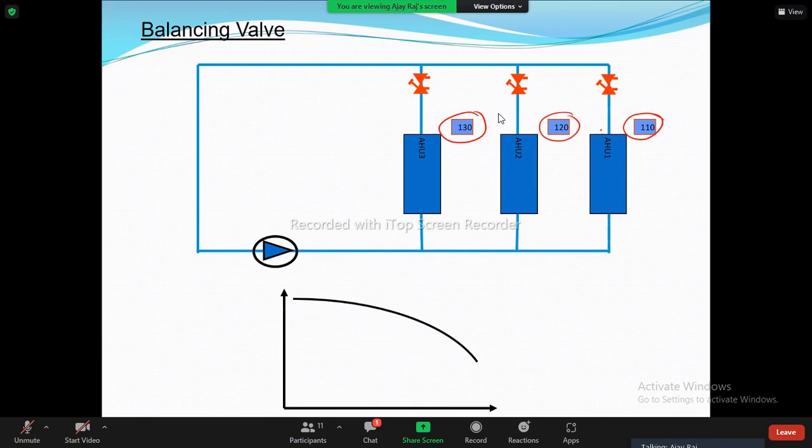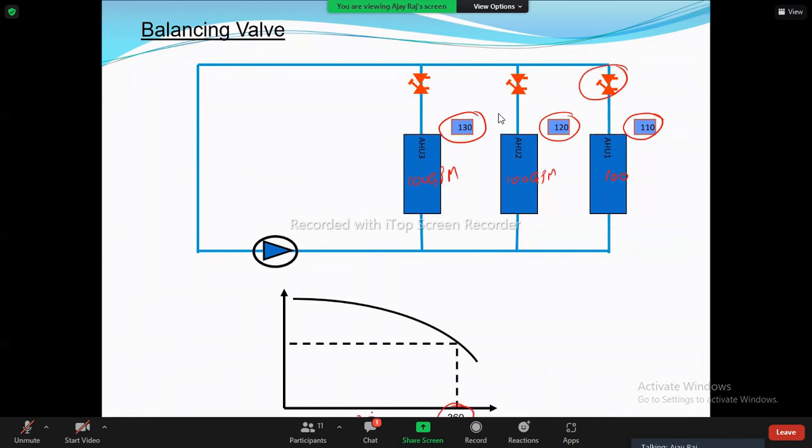And I need to have 100 GPM across each and every AHU. They are all of the same capacity. So now I'll start throttling these. Because this is 110, I have to make this 100. Here my flow is 360. I want to make it somewhere around 300.